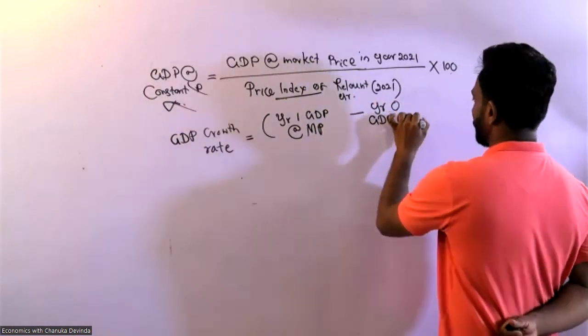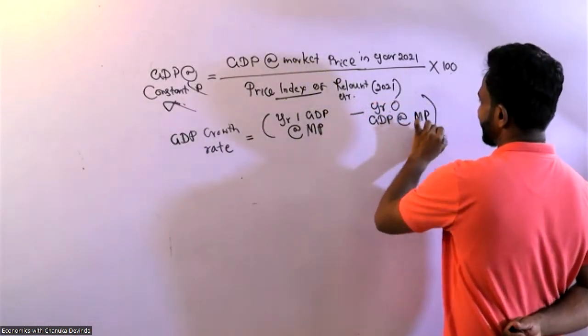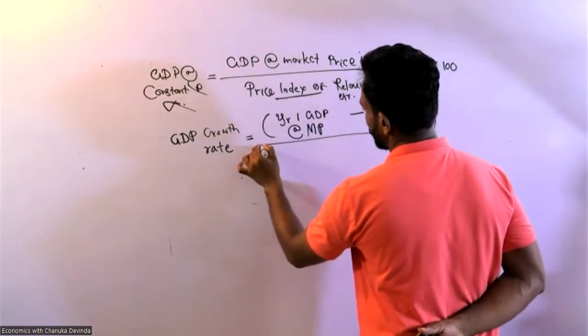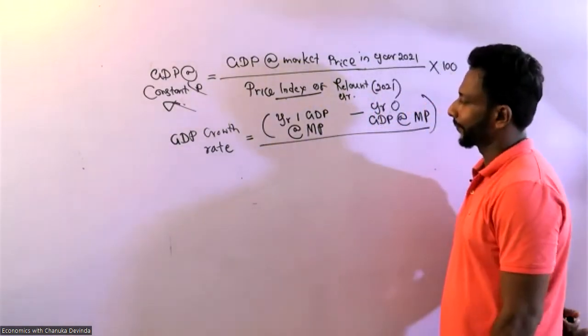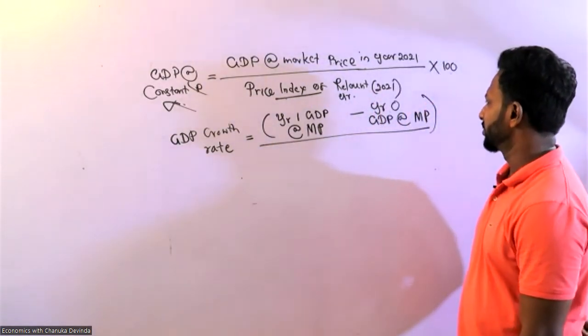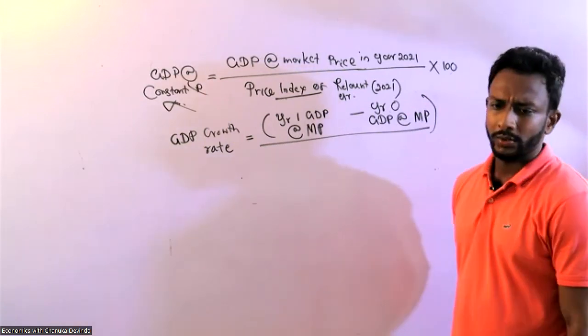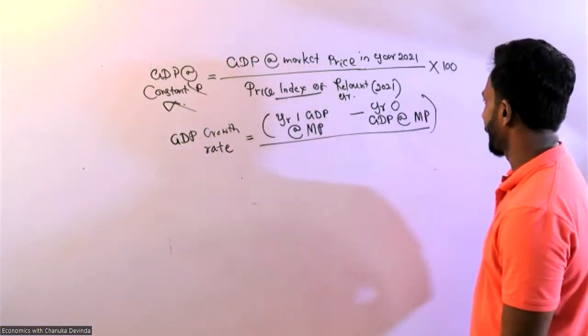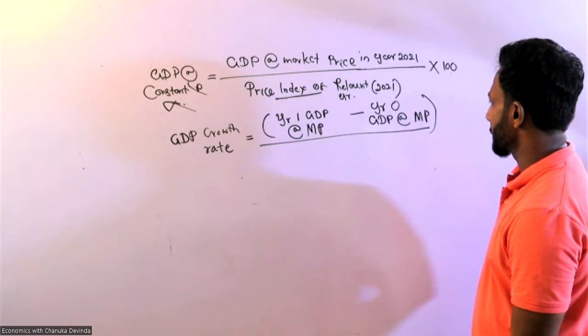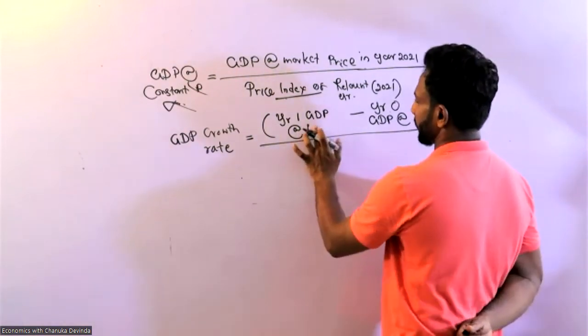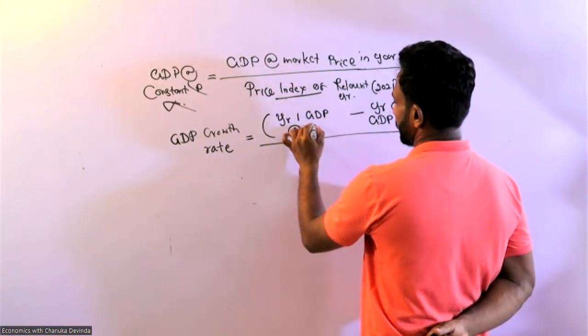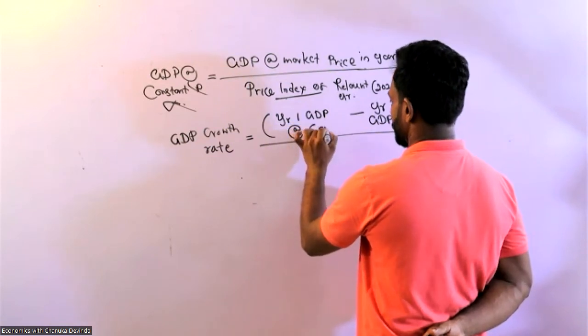If it was GDP at market price, you need to divide by the constant price.